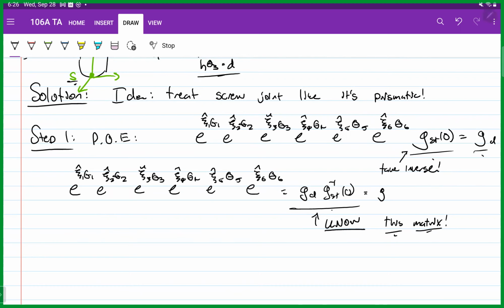So in general, whenever you see a screw or prismatic joint, you want to solve for those first. The reason is that a lot of the time in these problems, this is sort of low-hanging fruit.